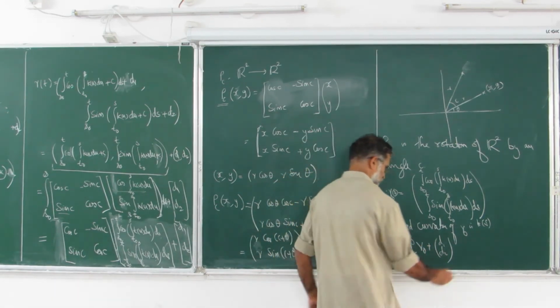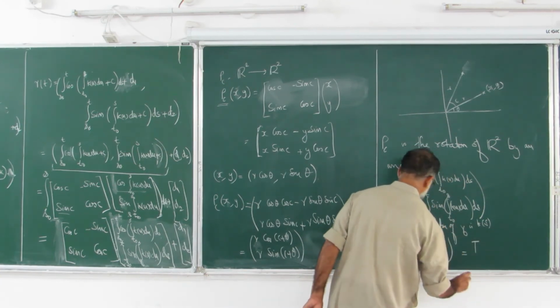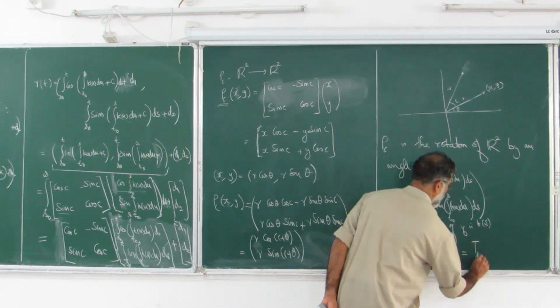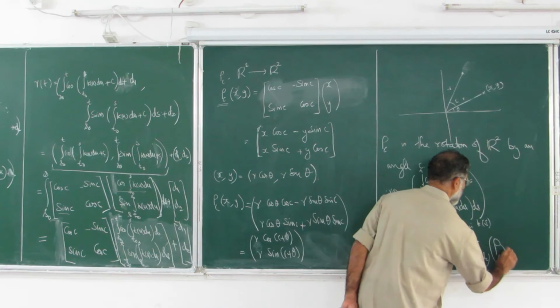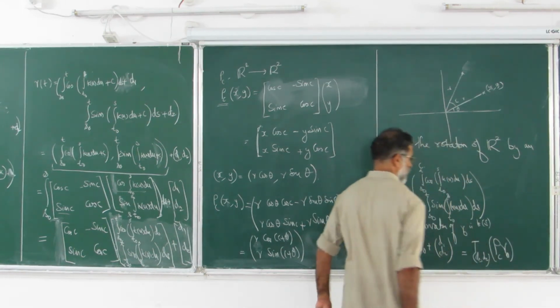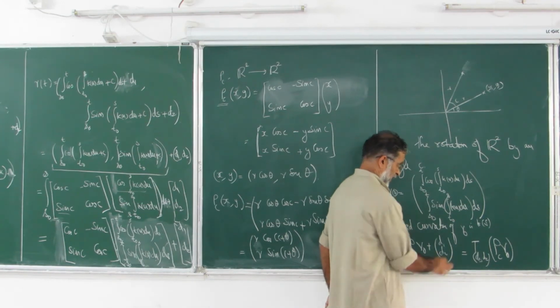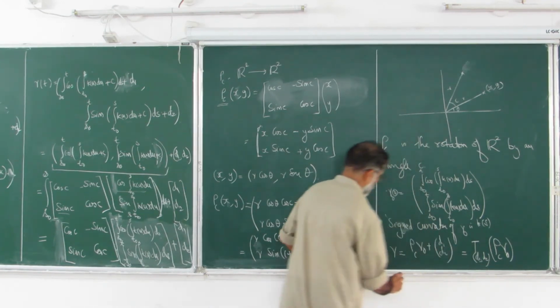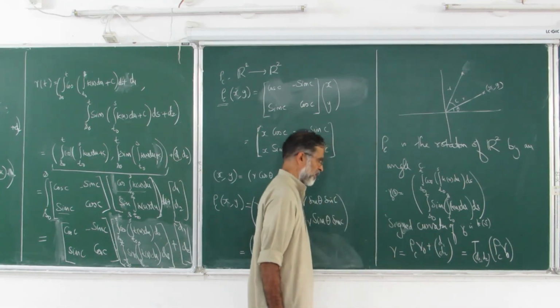I have not denoted any notation, so let me give a notation. Translation by (d1, d2) of rho C of gamma naught, where this notation stands for translation by (d1, d2).